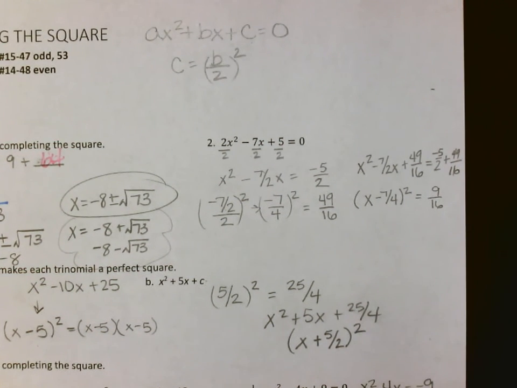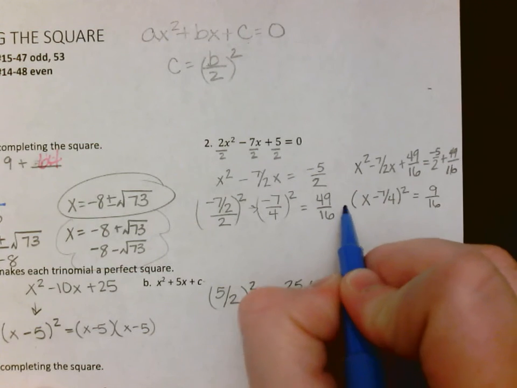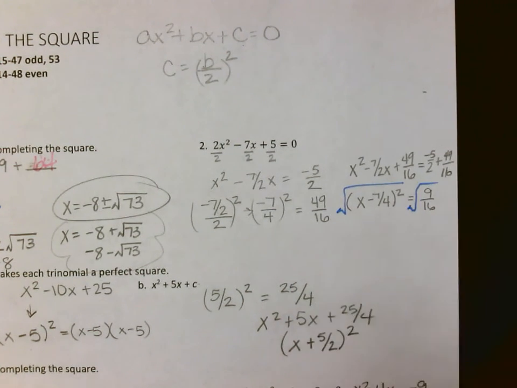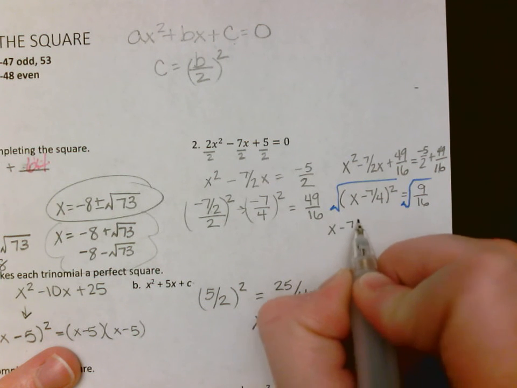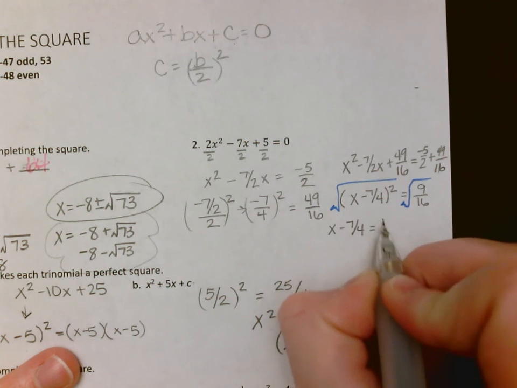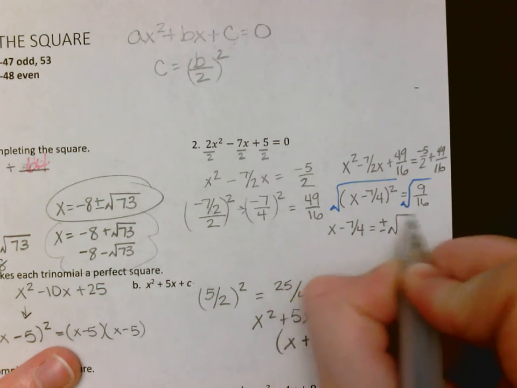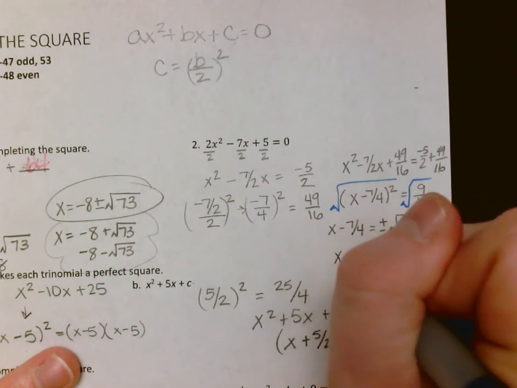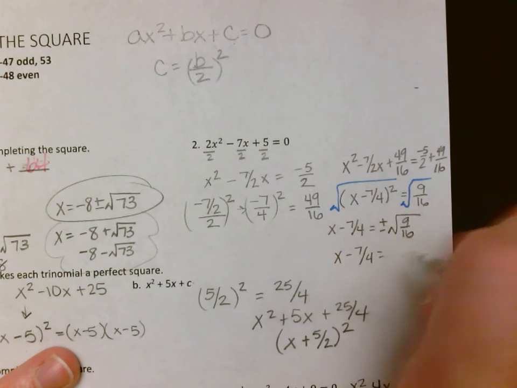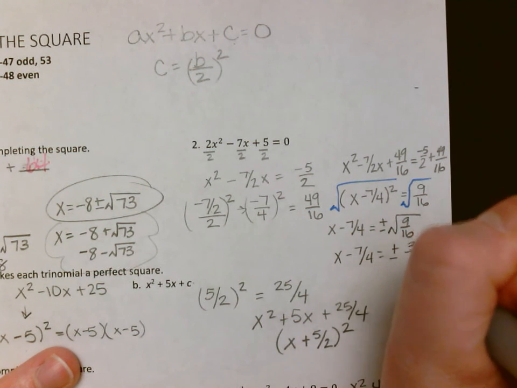Square root both sides. x minus 7/4 equals plus or minus the square root of 9/16. Both of these are perfect squares. So x minus 7/4 equals plus or minus 3/4.